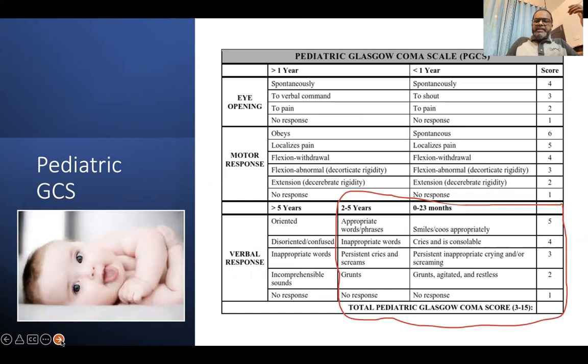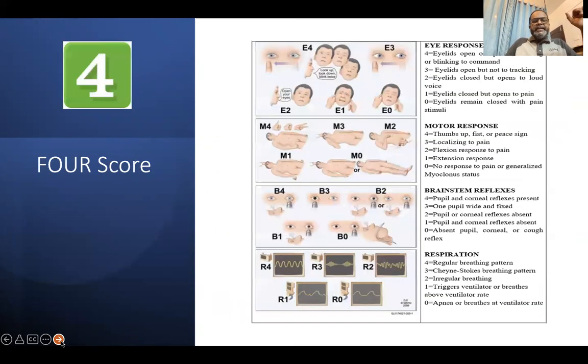In infants, we assess the verbal response by smiles and coos, or cries and is consolable, or persistent inappropriate crying or screaming, or grunts and agitation, or no response. So the pediatric GCS is something different from the adult GCS.